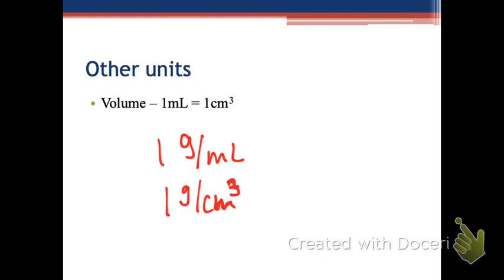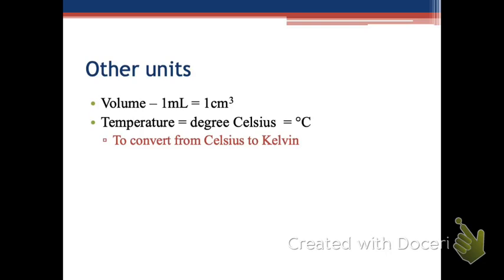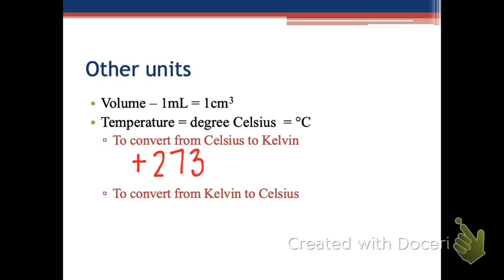All right, temperature is degrees Celsius. I'm going to teach you how to convert from Celsius to Kelvin and backward. If I needed to go from degrees Celsius to Kelvin, anybody know the conversion? I add 273. I add 273 if I want to go from Celsius to Kelvin.